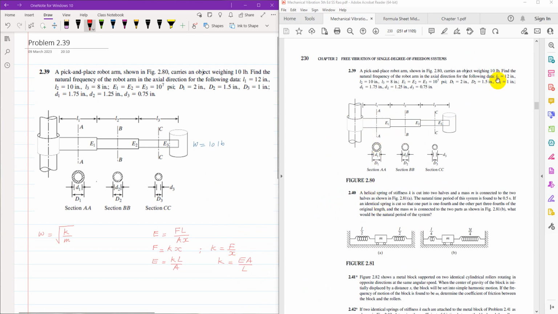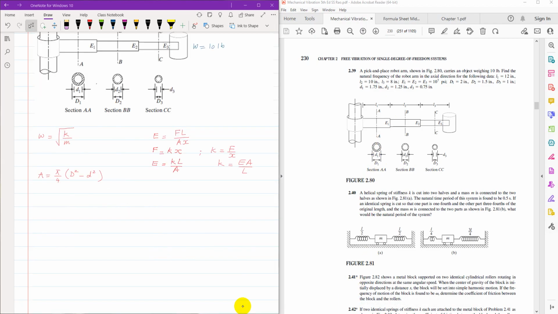The length of each section is L1, L2, and L3, and then the area of each is needed. Because it is a hollow circular shaft, the area formula can be used here. The area of a hollow shaft is pi by 4 times outer diameter squared minus inner diameter squared.